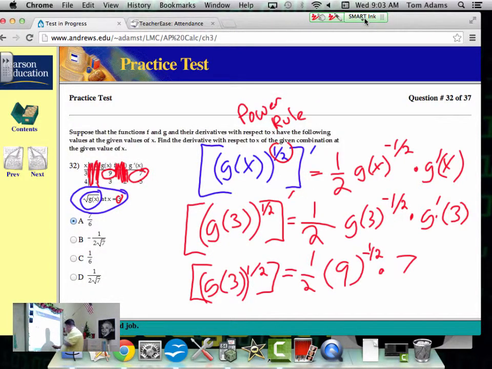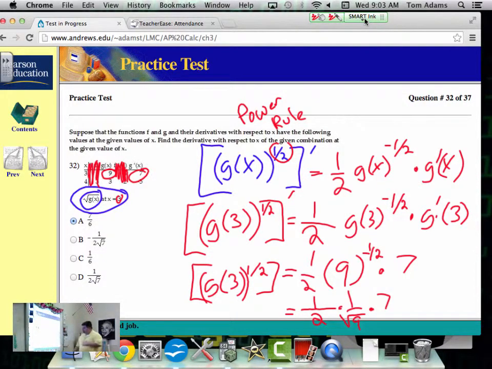So then this becomes 1 over 2 times 1 over the square root of 9 times 7, right? So 1/2, anything raised to the 1/2 is going to be a square root, but because it's raised to the negative 1/2, it means that the square root goes on the bottom.